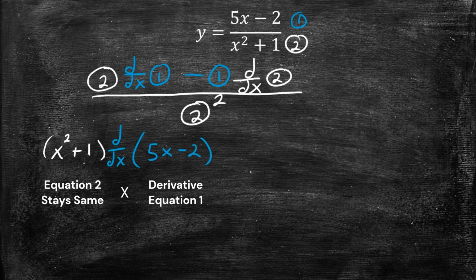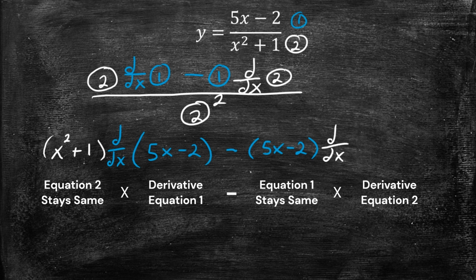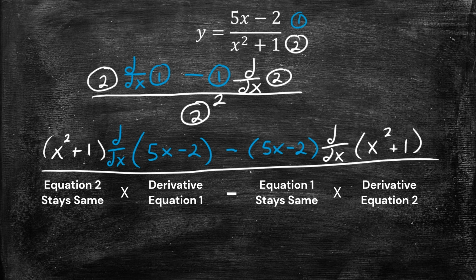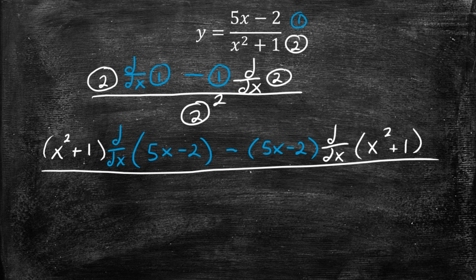And that is going to be subtracted by equation number 1, 5x minus 2, times the derivative of equation number 2, x squared plus 1. All of this is going to be divided by equation number 2 squared, which is x squared plus 1 squared.